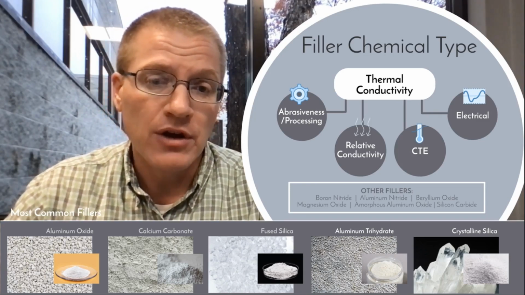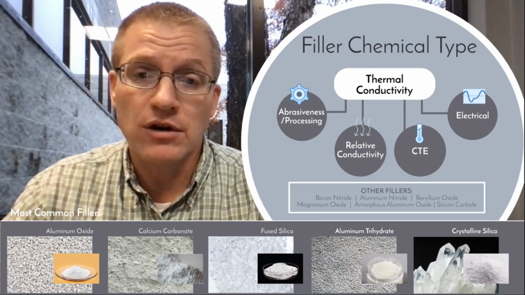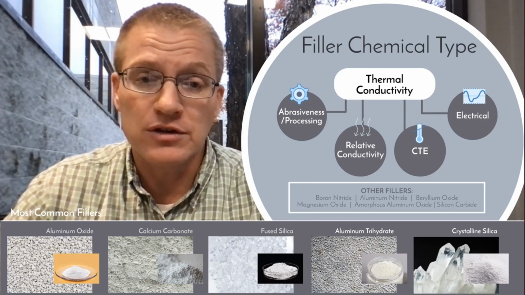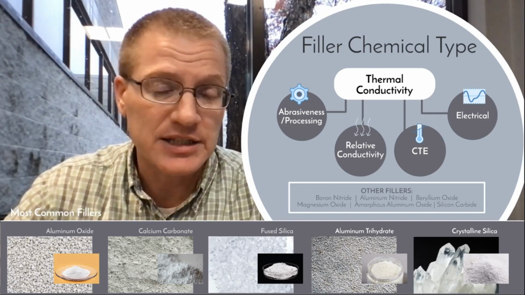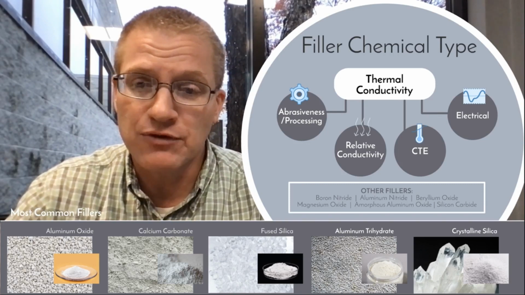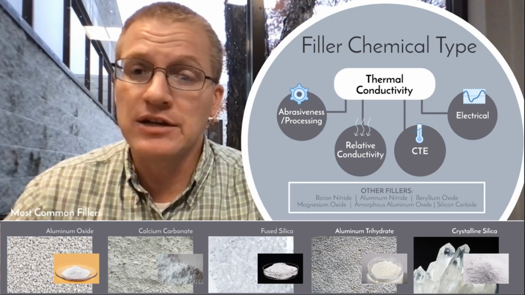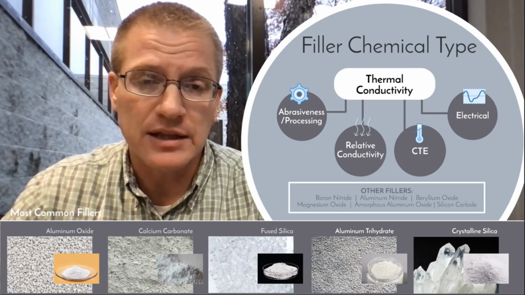There's a number of other fillers that are used to improve thermal conductivity or improve thermal properties. You see them there under other fillers: boron nitride, aluminum nitride, beryllium oxide, magnesium oxide. There's a number of these different fillers that are utilized that have either higher thermal conductivity or other properties as well. But we're going to focus on the ones on the bottom.